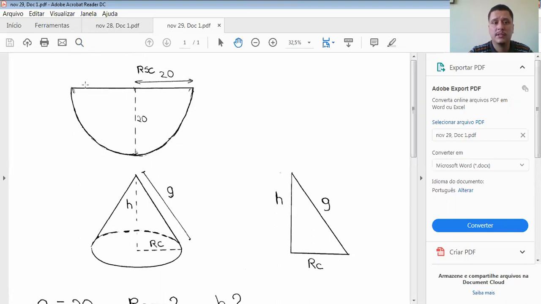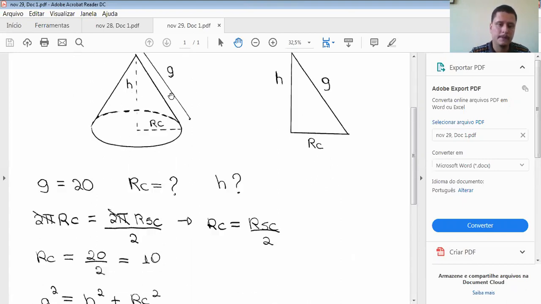So I'm going to calculate the full perimeter, which is 2 pi RSC, and divide it by 2. I'm going to have the length of this arc, which is half of the length of the full circle. So 2 pi RSC, the full length, divided by 2. I can cancel this 2 pi with this 2 pi, and then it becomes RC equals RSC divided by 2.